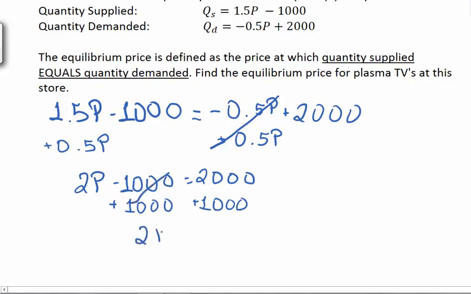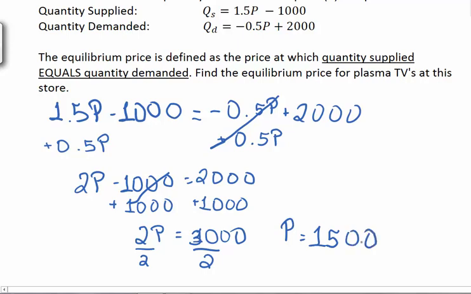So we get that 2p is equal to 3,000. Dividing both sides by 2 gives us the final answer. The price needs to be 1,500. So this is the equilibrium price. The quantity supplied is equal to the quantity demanded at this price.